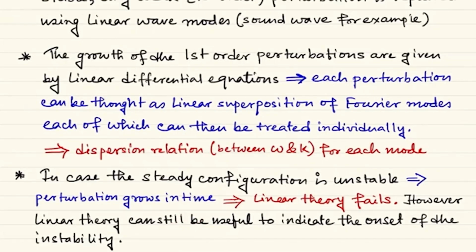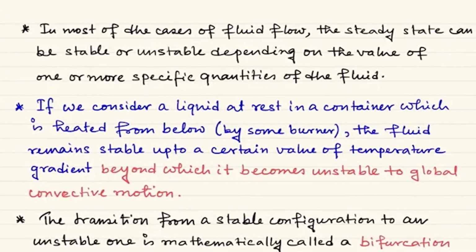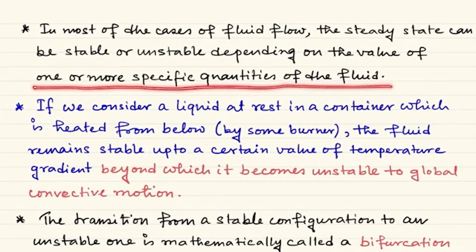Now, in most practical cases of fluid flow, a steady state is neither absolutely stable nor absolutely unstable. A steady state can be stable or unstable depending on the value of one or more specific quantities of the fluid.